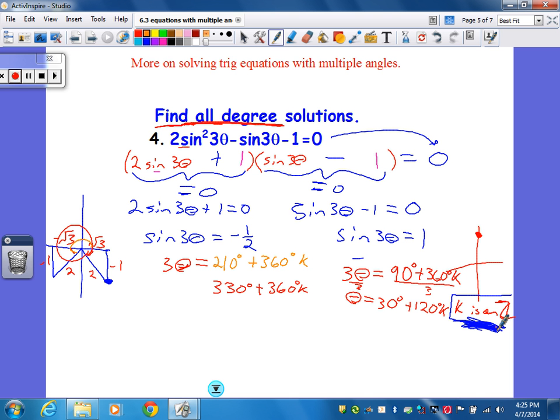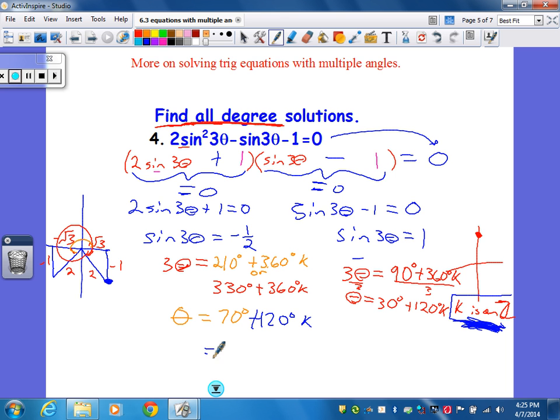So now we want to solve for just theta. We have 2 different terms here. I'm going to say "or" because we have 2 different angles we're looking at. We're just going to divide that 3 out of each term. So theta is equal to 70 degrees plus 120 degrees k, don't forget that k.